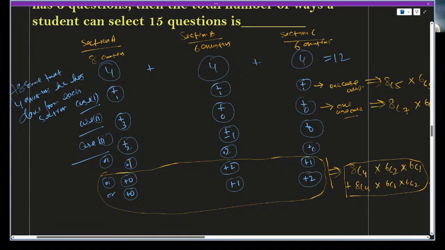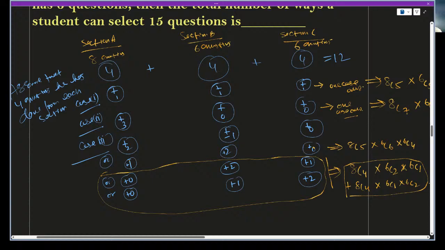Then go for this one. 1, 2, 0. 1, 2, 0 means it will be what? 8 C5, 6 C6, 6 C4. Tell, any other case is there or not?